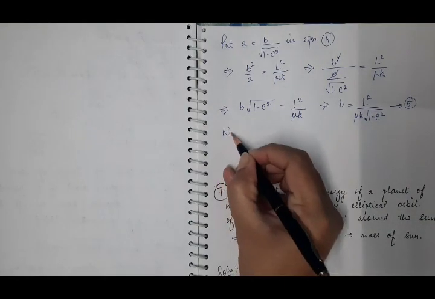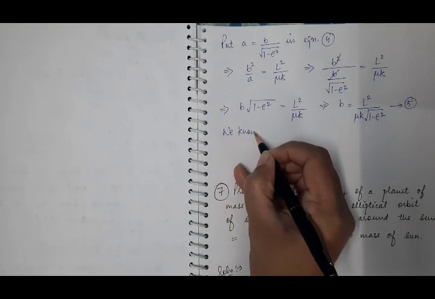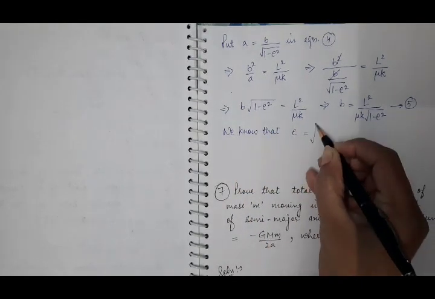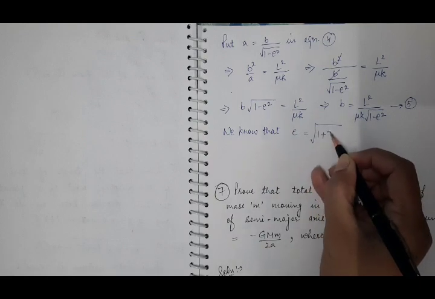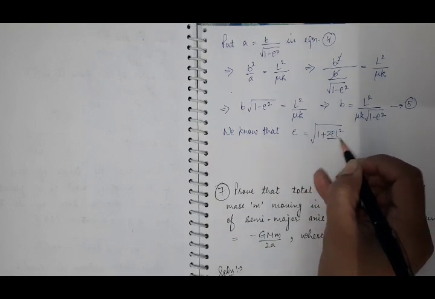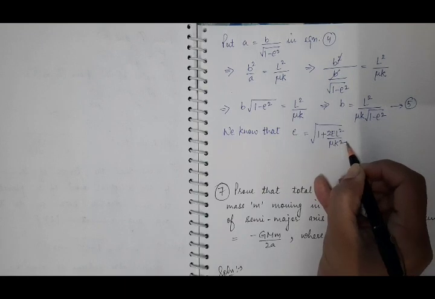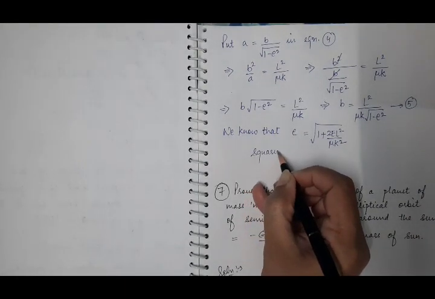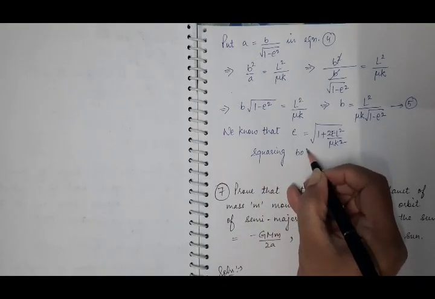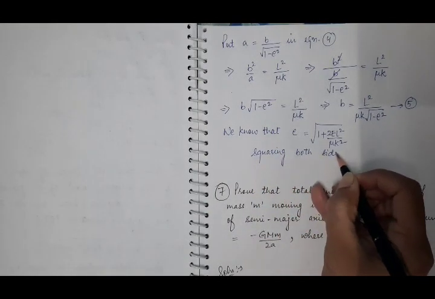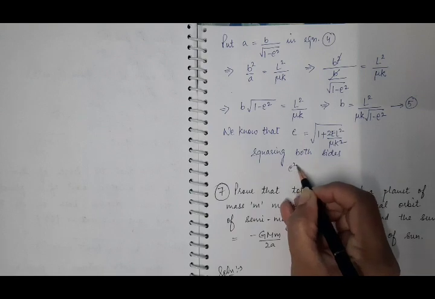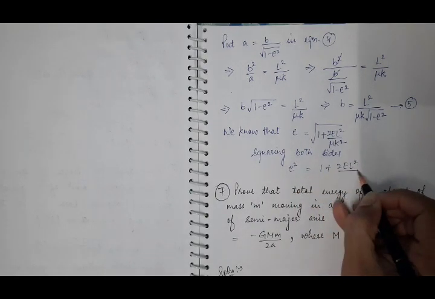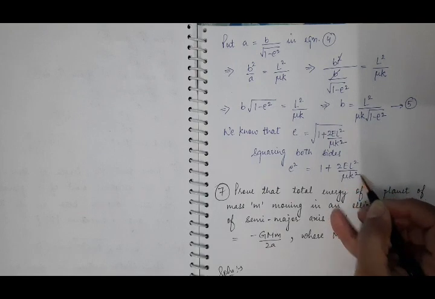So we know that the expression for eccentricity in terms of energy is e equal to root 1 plus 2EL square by mu k square. Squaring both sides, you will get e square equal to 1 plus 2EL square by mu k square.